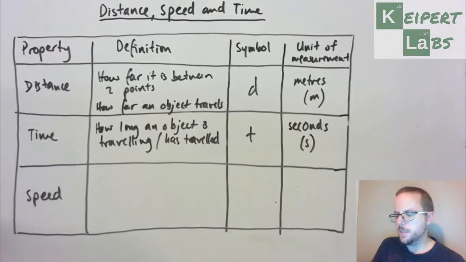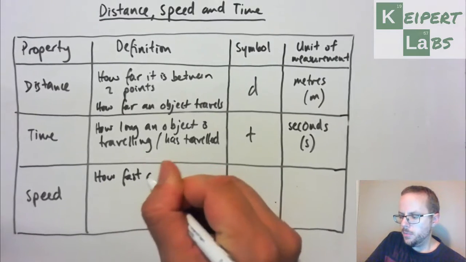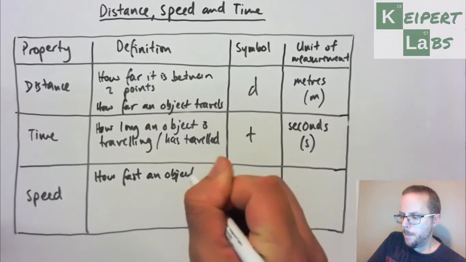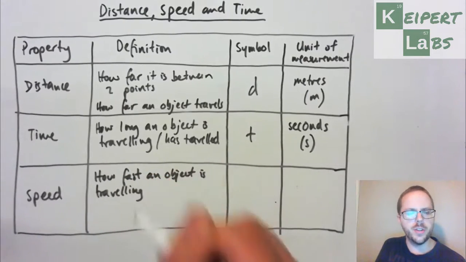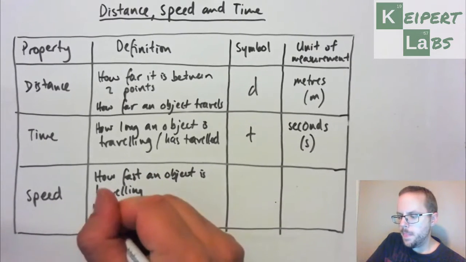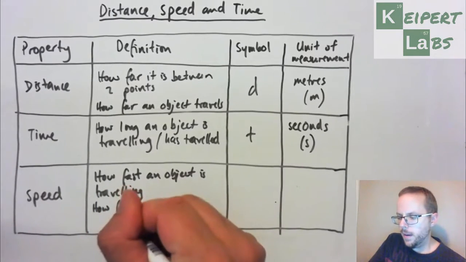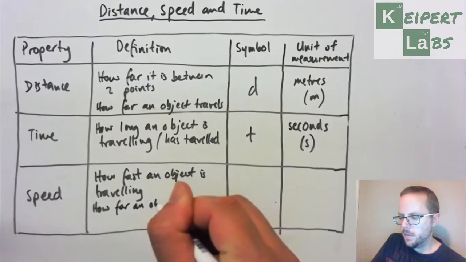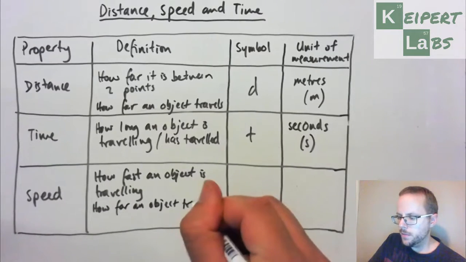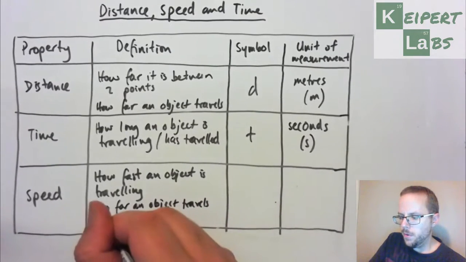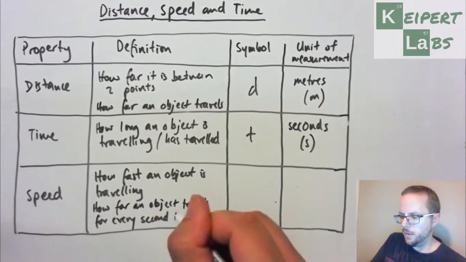Okay, so now we get to speed. We might say how fast an object is travelling, which is our more everyday definition. To upgrade that a little bit, we're going to say it is how far an object, a car, a person, a bullet, a satellite, or whatever, travels for every second it is travelling.